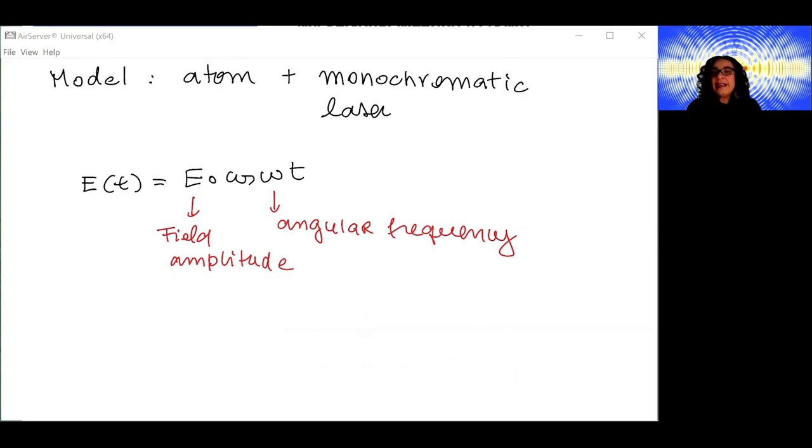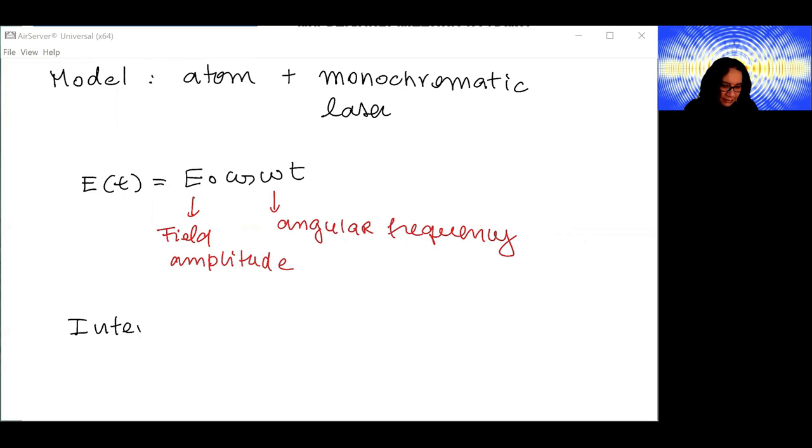We have seen that in perturbation theory, we have H naught, which is the unperturbed Hamiltonian, plus the perturbation. And the interaction Hamiltonian for this, we have seen a lot already. We mentioned it in some context.